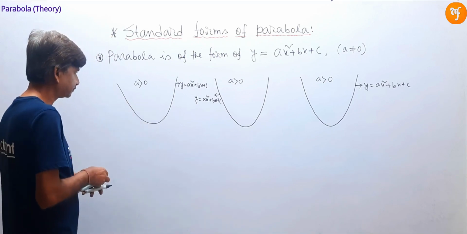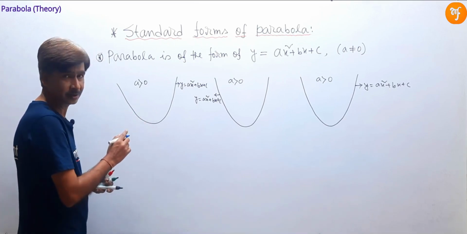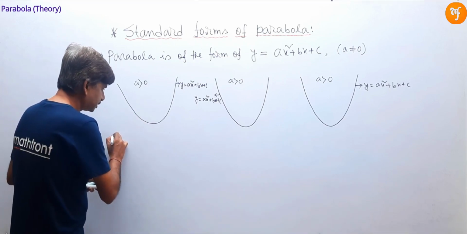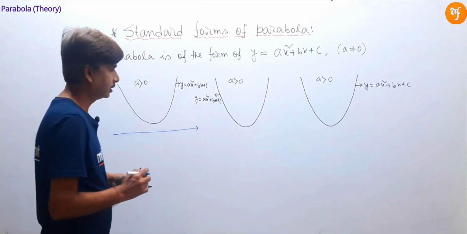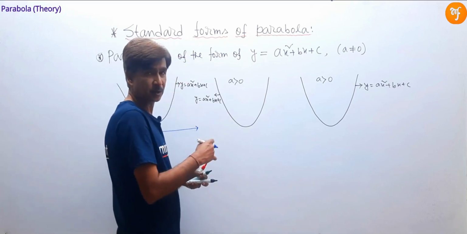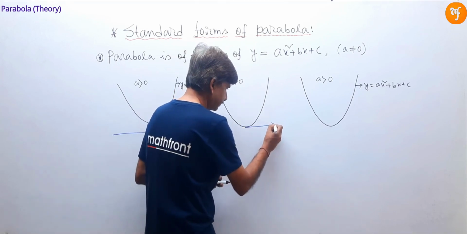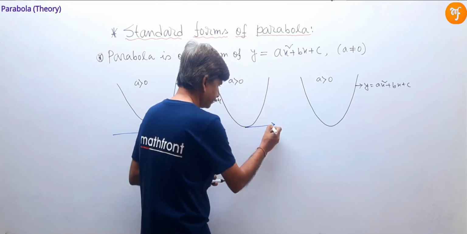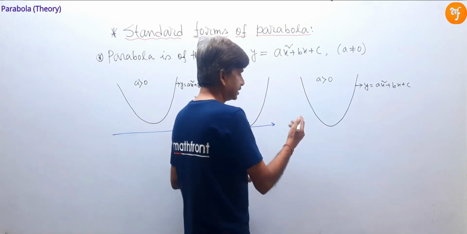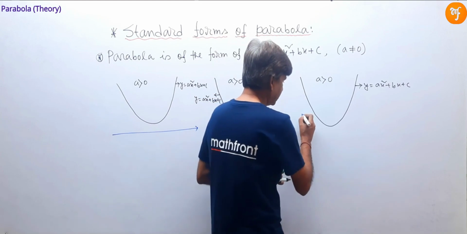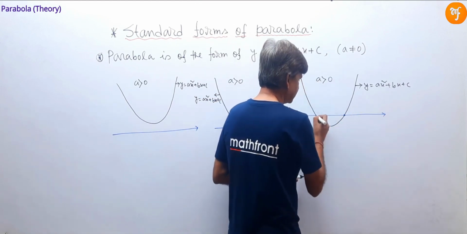Now, it may be that this parabola neither touches nor cuts the x-axis. Okay, clear? Or the parabola may just touch the x-axis. And in the third case, the parabola may cut the x-axis at two distinct points.